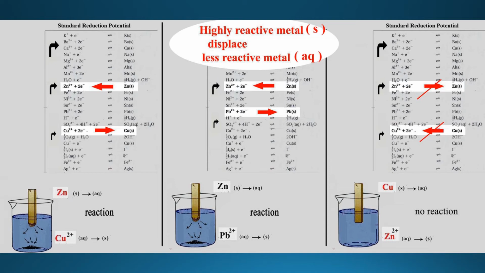The highly reactive metal on top can displace the least reactive metal at the bottom, not the other way around. Repeat: the flow must be from top down to the bottom, not from the bottom to the top.